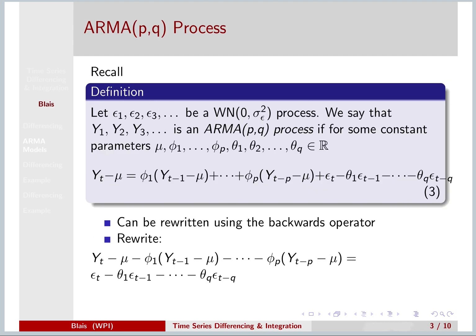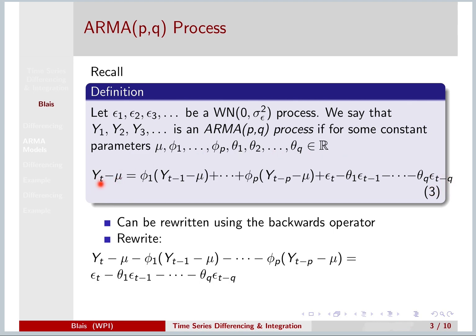Recall our definition of the ARMA(p,q) process. The ARMA(p,q) process is a time series defined in the following way. We have a white noise process, our epsilons, and we have parameters mu, phi_1 up to phi_p, theta_1 up to theta_q, and we have the defining equation being equation 3 here.